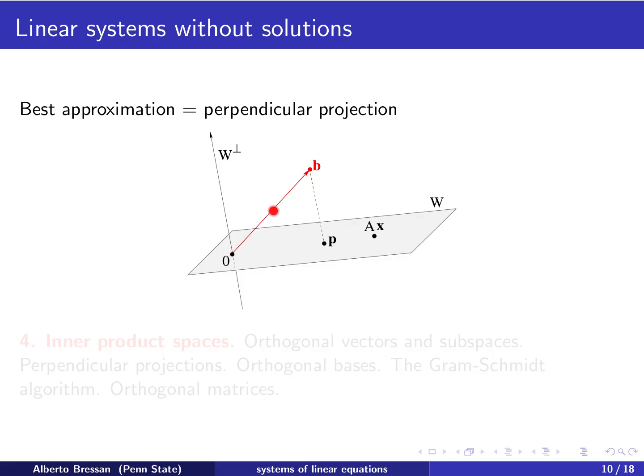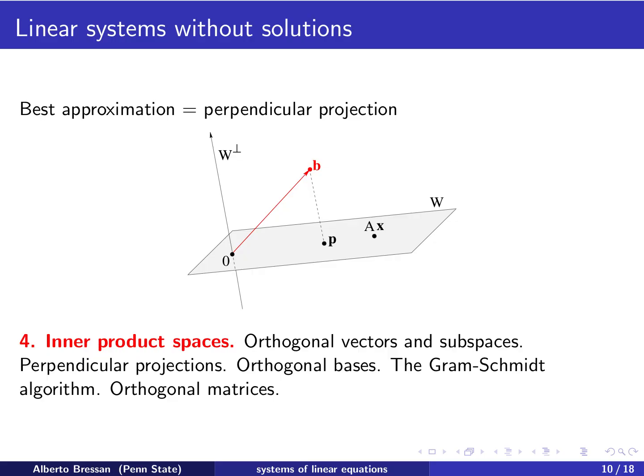And then this vector b here is not contained in this plane. So what you can do is define a concept of orthogonal, perpendicular. So you take this vector b here, you project it down perpendicularly, find its image, we call it p, and then this p here will be the best approximation to this b in this domain W.